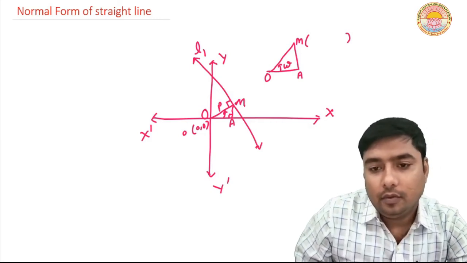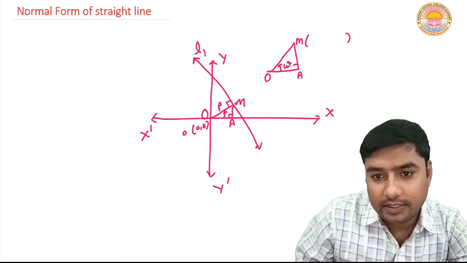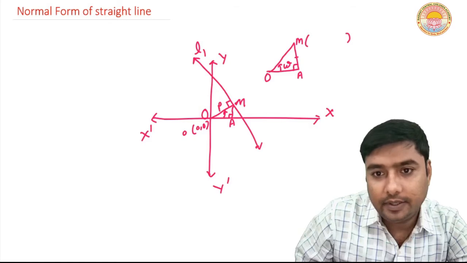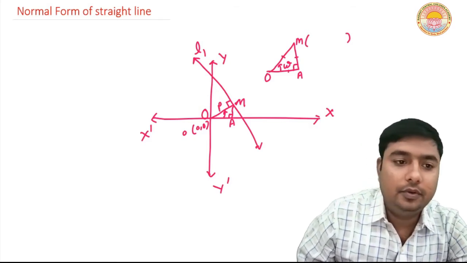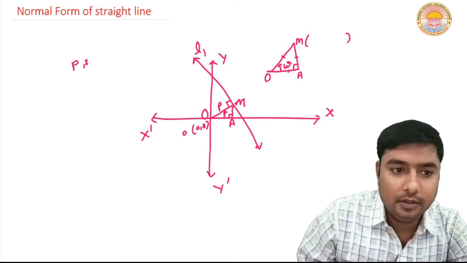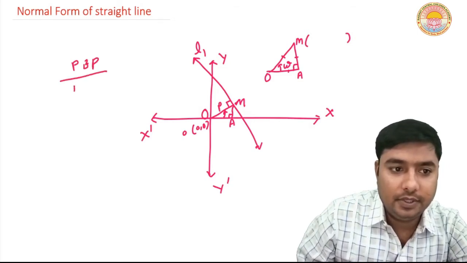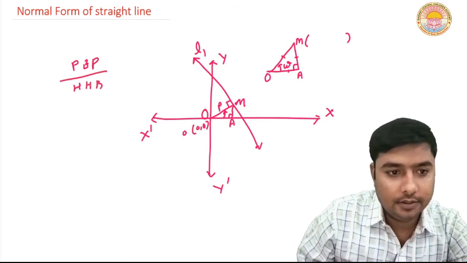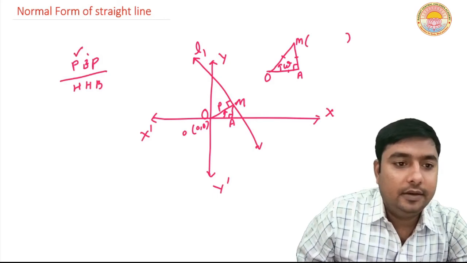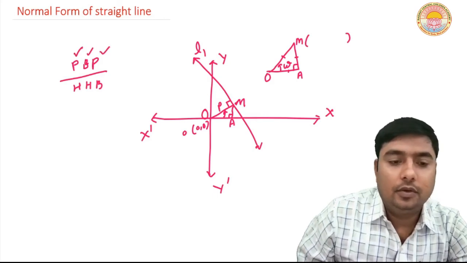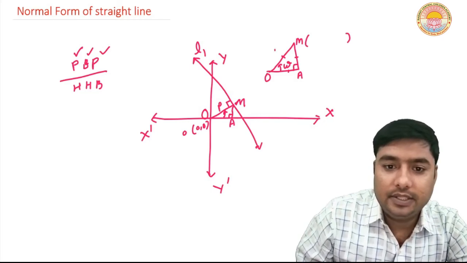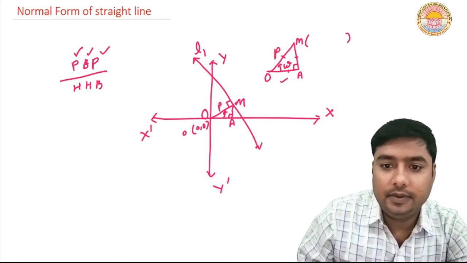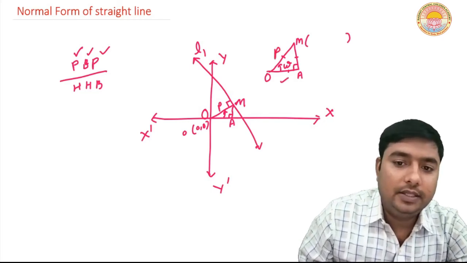This is a right angle, so this is perpendicular, this is base and this is hypotenuse. We know that perpendicular upon hypotenuse, base upon hypotenuse are sine, cos, tan. We want to find the value of OA. This value is P and this value is OA. So what is the relation?